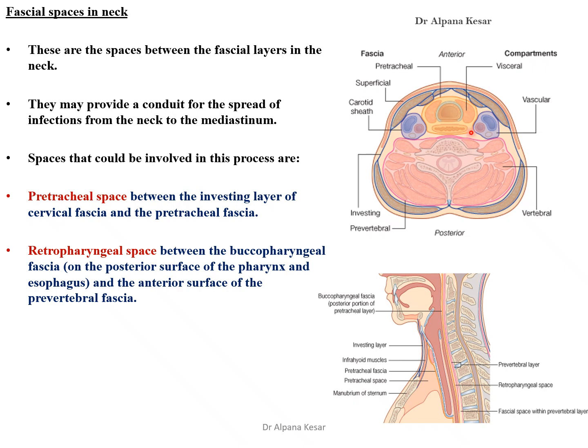So this space between the buccopharyngeal fascia and the prevertebral fascia is called retropharyngeal space. These spaces which are present between the layers of fascia, called fascial spaces, provide a conduit for the spread of infections in the neck.